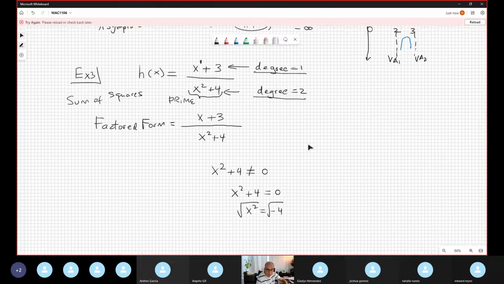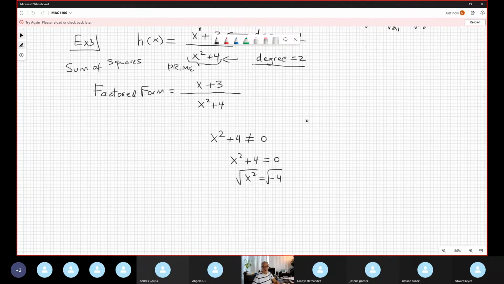So we have x, and here we have a pure imaginary. The square root of negative 4 is 2i. And don't forget the double solution, because remember the complex solutions come as a couple, a conjugate pair. Now the supposition in this chapter is that we are working not in the complex field, we are working in the real field.